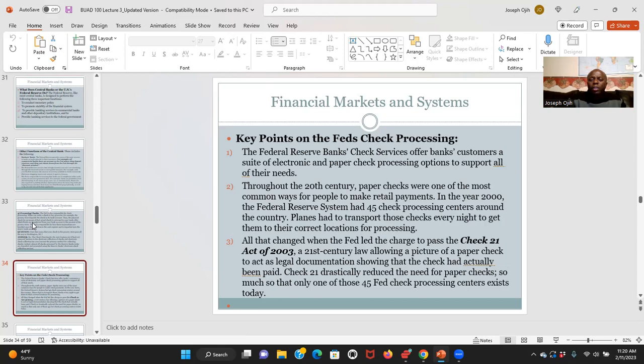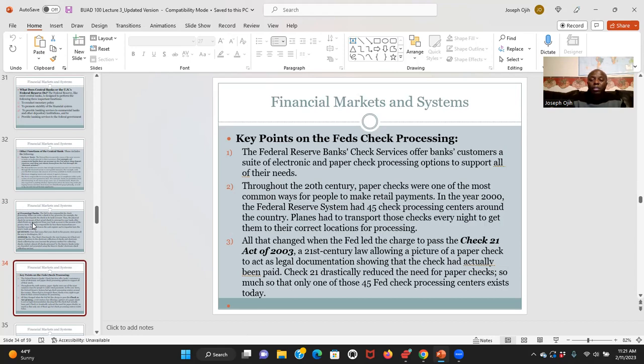Throughout the 20th century, paper checks were one of the most common ways people made payments when they bought things: payment for rent, payment for groceries, and so on. In the year 2000, the Federal Reserve System had 45 check processing centers around the country.